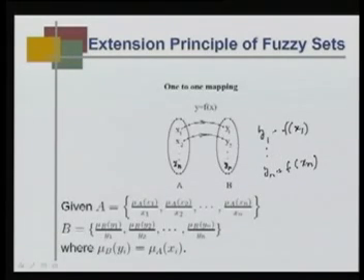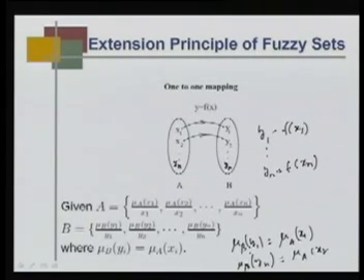All that we have to do, once we compute y1, y2 up to yn, because we already know that between A and B there is a 1-to-1 mapping, is that instead of mu B(y1) we just replace it with mu A(x1). So, mu B(y1) is the same as mu A(x1), because this is a 1-to-1 mapping, and so forth, until mu B(yn) is mu A(xn).